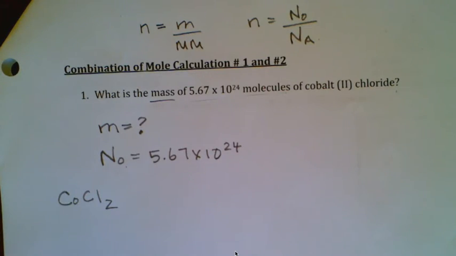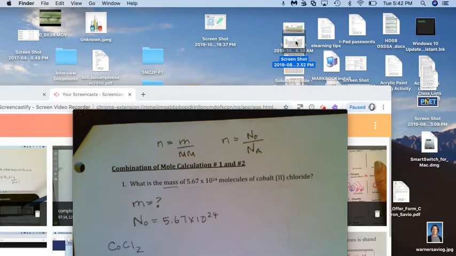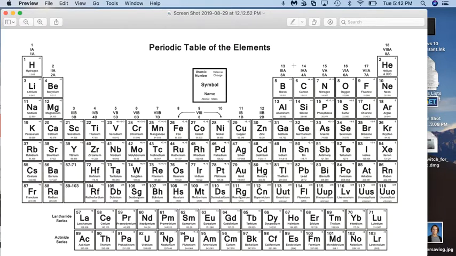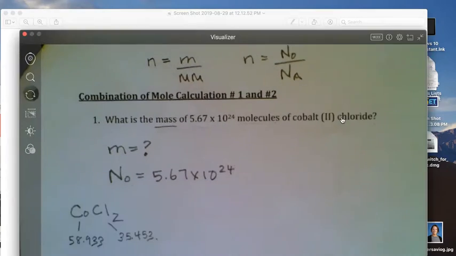So I would go to my periodic table and say, okay, cobalt has a molar mass of 58.933. So I just might write that down, 58.933. And chlorine is 35.453. There we go. So now I figure out my molar mass.